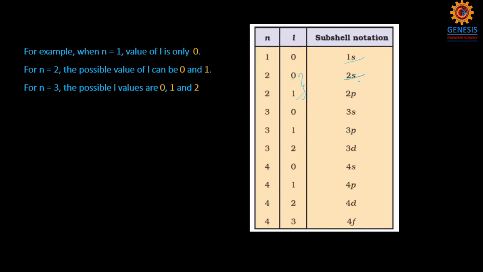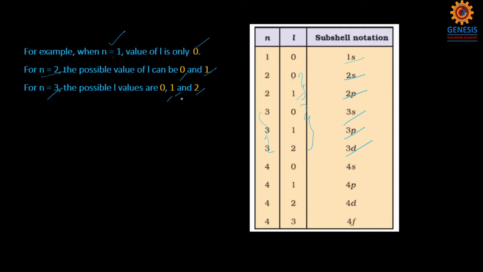If n is equal to 3, you have 3s, 3p, 3d. You got my point? Like that you can have different types. So for principal quantum number n equal to 1, you have l value 0; for n equal to 2, you have 0 and 1; for n equal to 3, you have 0, 1 and 2. So this we have discussed.